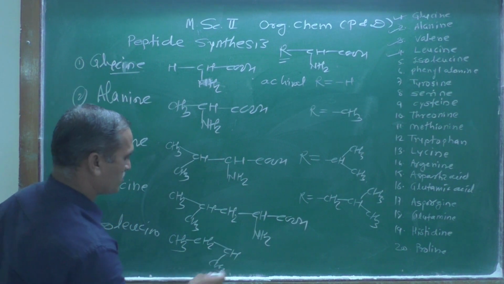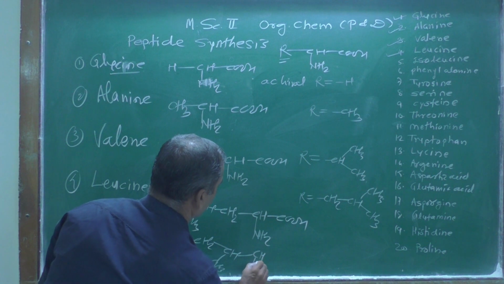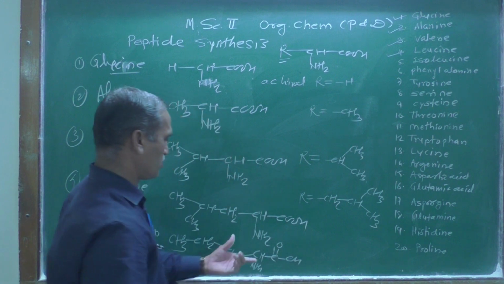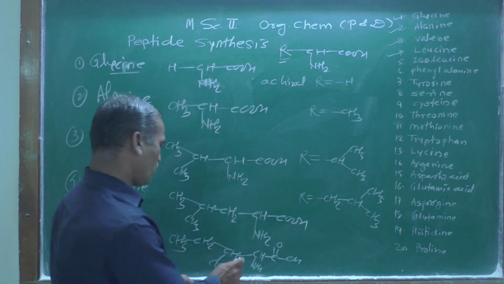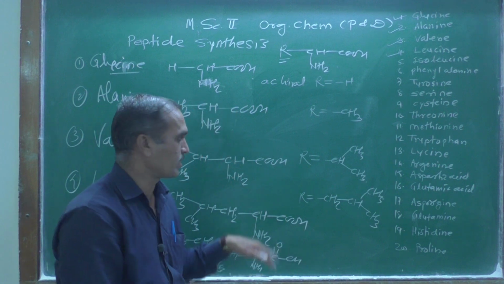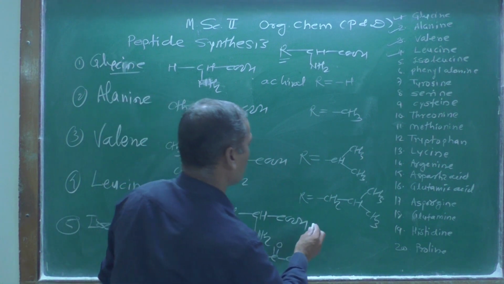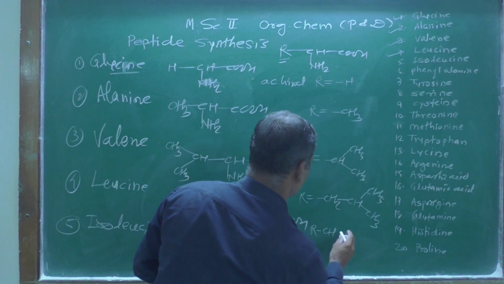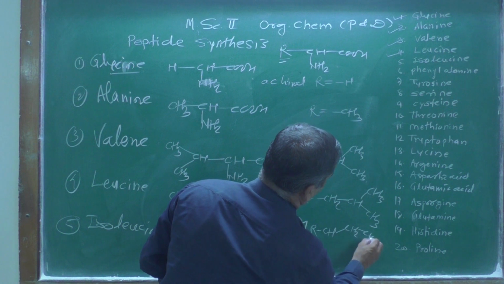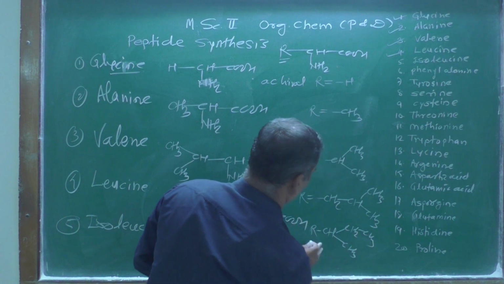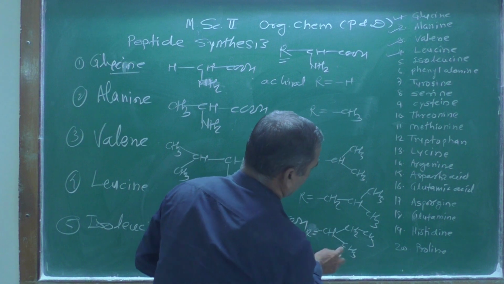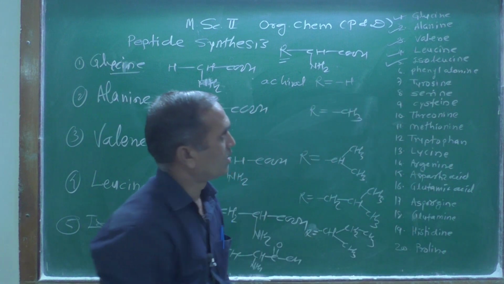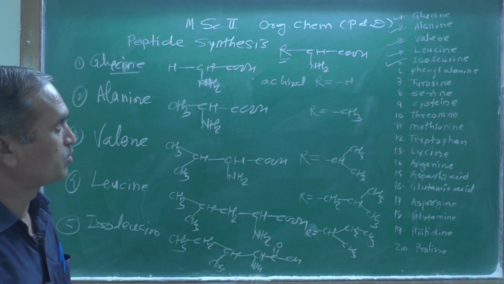On one side CH3, then CH, NH2 and C double bond OH is known as isoleucine. Only the R group is changed in the skeleton. Here R is CH, CH, on this side CH2, CH3, an ethyl group, and the other side R is equal to CH3. That is isoleucine.